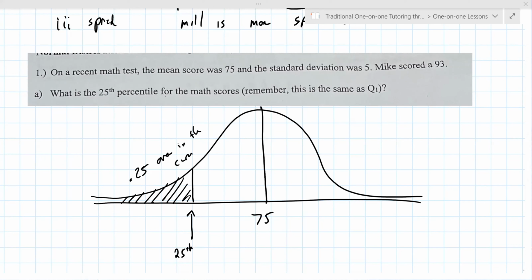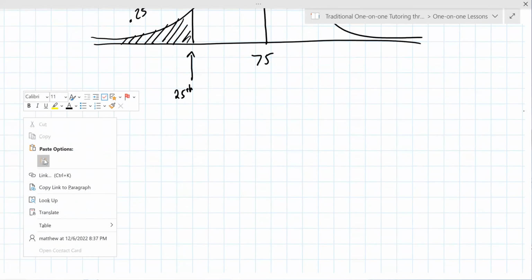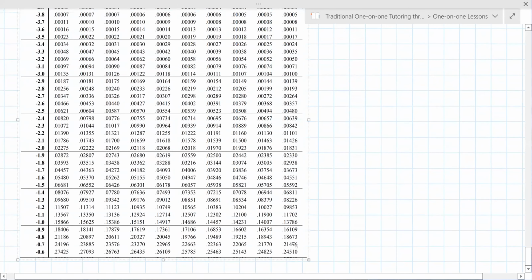Because there's also a way to do this directly. Let me grab snip in this table. All right, so I've got this table snipped in. So you probably have a Table A that looks something like this.